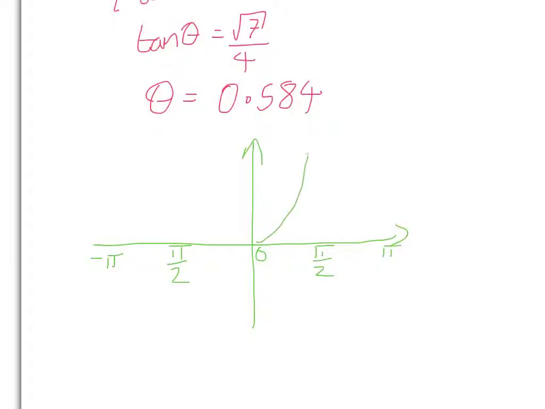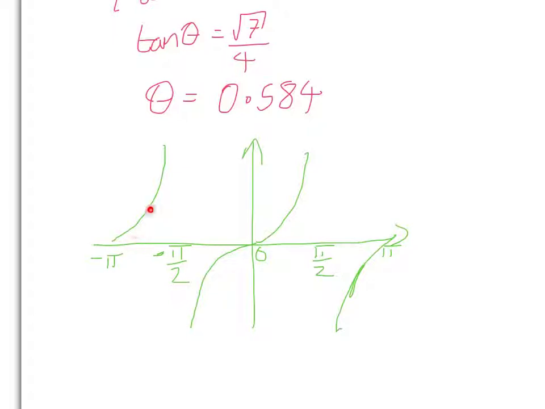It's got an asymptote at pi over 2, and also one at minus pi over 2, and it'll go like that. The solution that we found is going to be in this region here, because 0.584 is less than pi over 2.